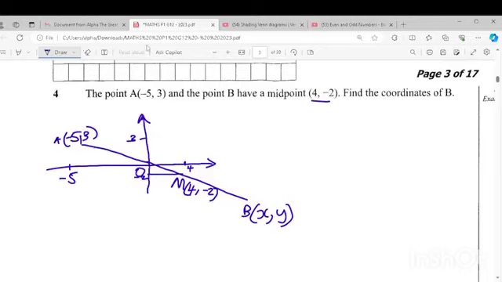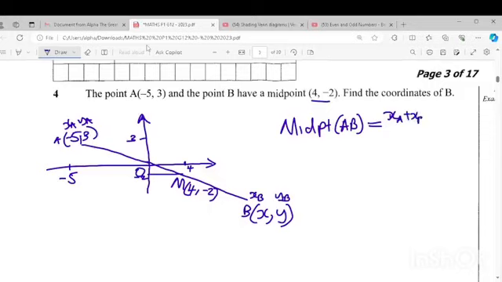Since we are dealing with a line AB, the midpoint of the line AB is equal to: at point A we have x in A, then y in A. Then we have x in B and y in B. So the midpoint is going to be (x in A plus x in B) divided by 2, comma, (y in A plus y in B) divided by 2, everything in brackets.